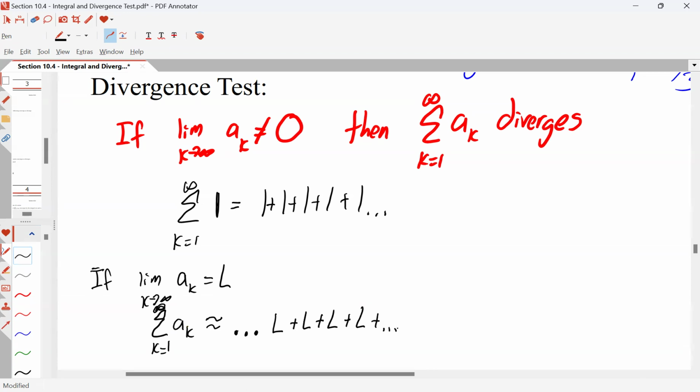Might not be exactly that number L, but the terms will be very close. So it could be like adding a half over and over and over, or adding 10 over and over and over. Or if the limit is 0, it's adding 0 over and over and over. So the only chance a series has to converge is if the limit of the sequence is 0.